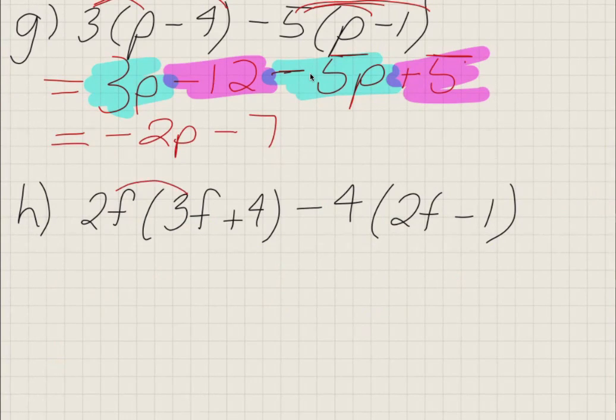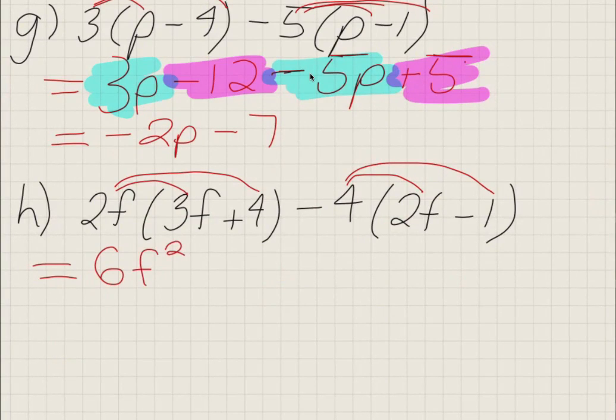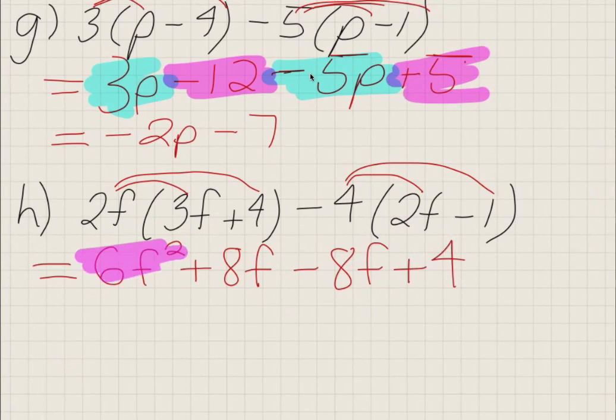Part H, expanding through for both of these. 2f times 3f gives 6f squared. 4 times 2f will give 8f. And minus 4 times 2f is minus 8f. Minus 4 times minus 1 gives plus 4. Looking at the like terms, we have 6f squared.